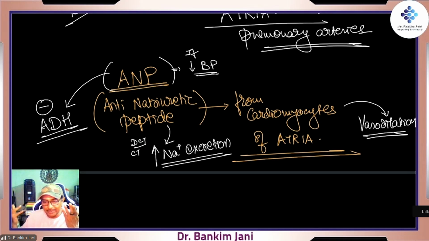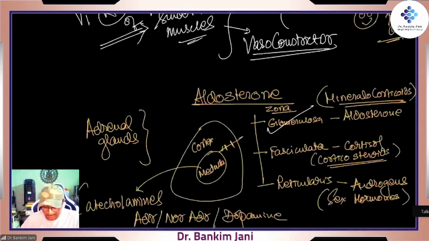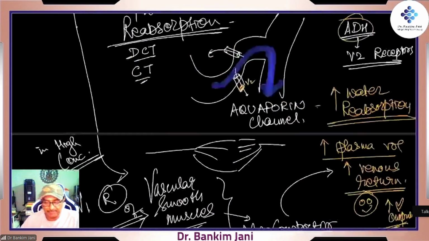So there is no one telling the water to come back, and water follows sodium. So water and sodium will go away. Thus, the plasma volume is reduced, and the blood pressure comes down, and life is good. So this is how the entire blood pressure is regulated, which is a combination of multiple factors.